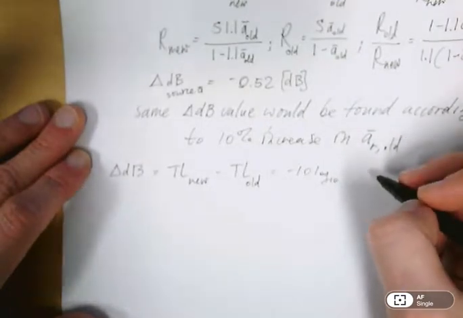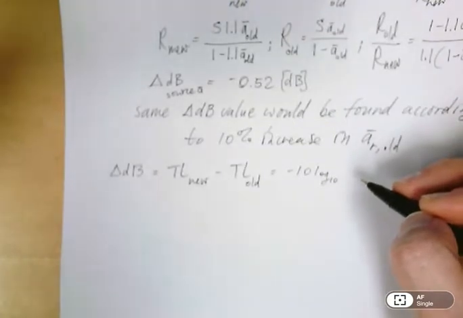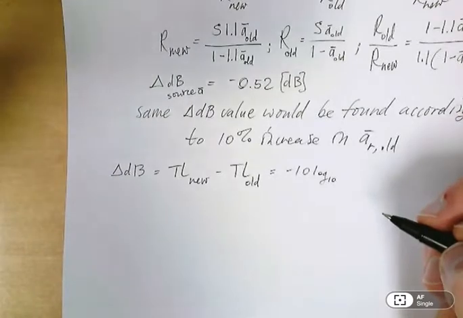So recall that we have a consideration of a 10% reduction in the tau old. So our new will be 0.9 tau old.